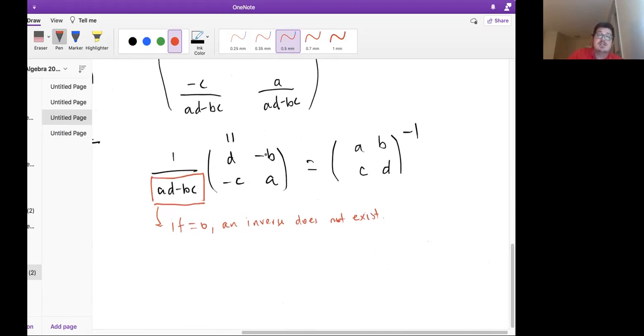So last time we gave an example with a matrix with no inverse, which was this kind of thing that shines a light on the x-axis. Based on this formula, why does this not have an inverse? What's the AD minus BC?